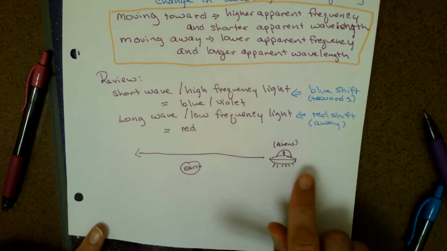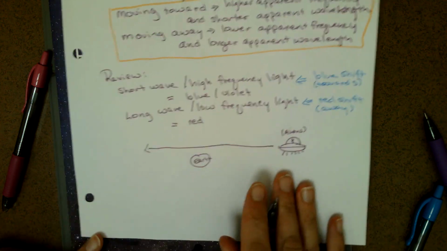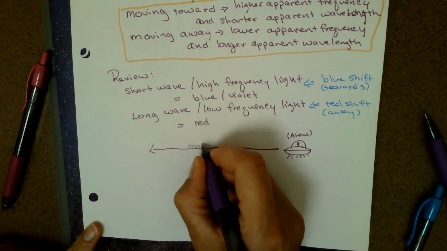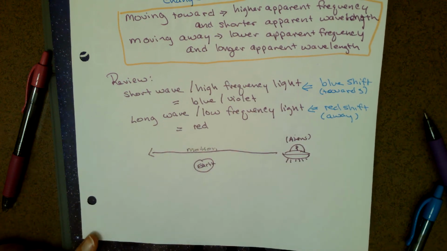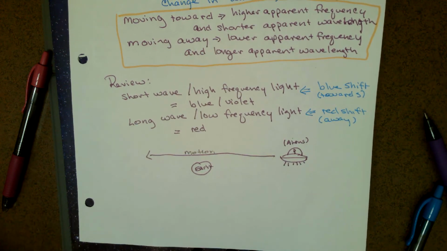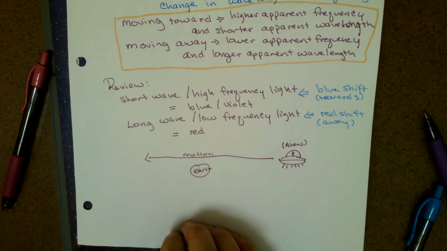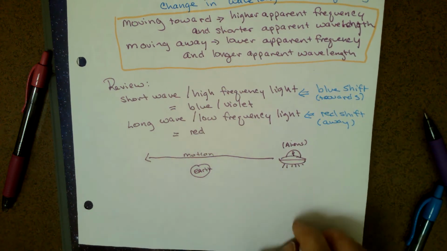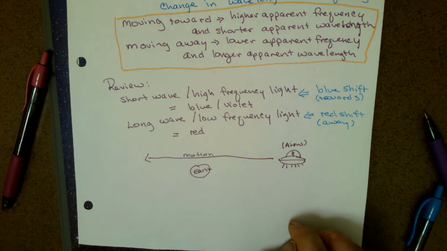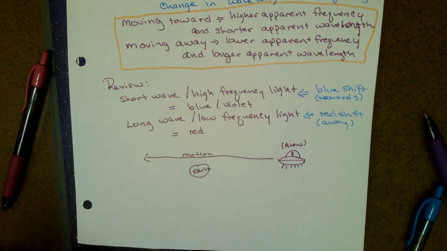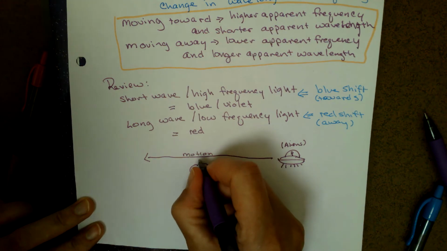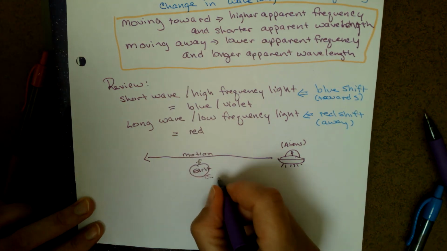And this alien spacecraft is moving past the Earth. So this is the motion of the alien spacecraft. Is there going to be no shift, just a red shift, just a blue shift, or a mix of a red shift and blue shift relative to the observer on Earth?